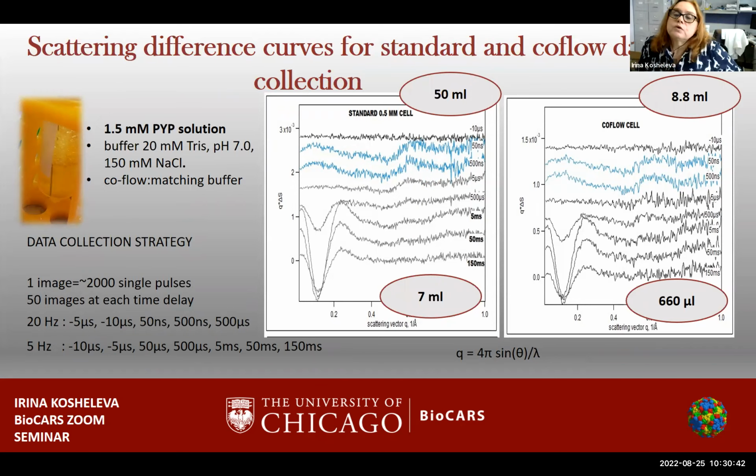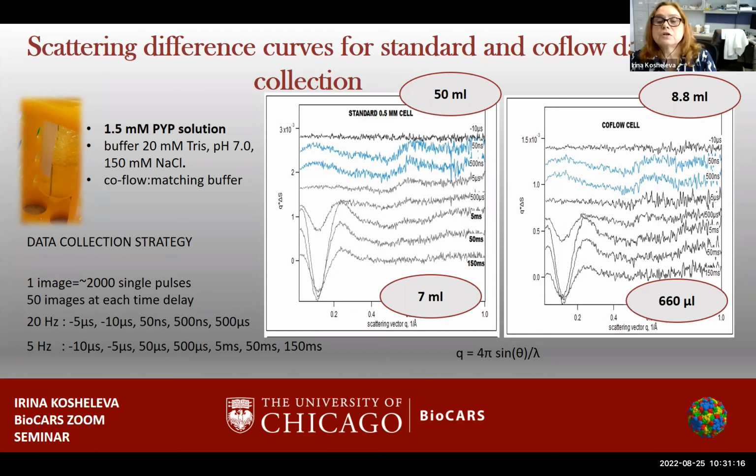We used 1.5 millimolar PYP solution and the buffer, 20 millimolar Tris, pH 7.0, I think a little bit of sodium chloride. And in the co-flow, we have to use matching buffer. I have to mention that I have to degas the sample and the buffer thoroughly before using, otherwise the flow of the sample is not stable and can be affected by potential bubbles.